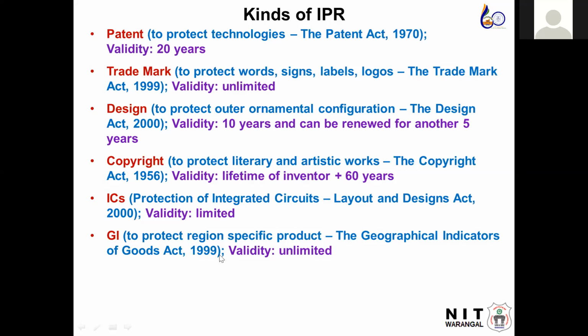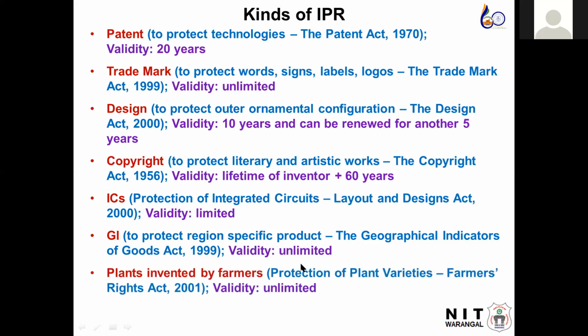So in 1999, the government came up with this, and the validity is unlimited here also, because nobody is the owner, and the validity doesn't end. And then plants invented by farmers. This is also related to what I told you about basmati.